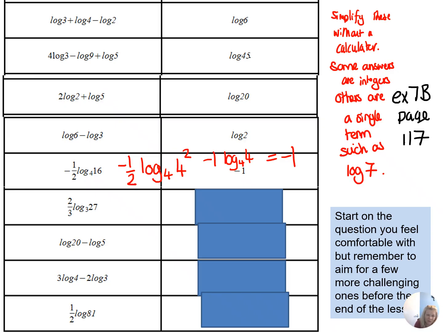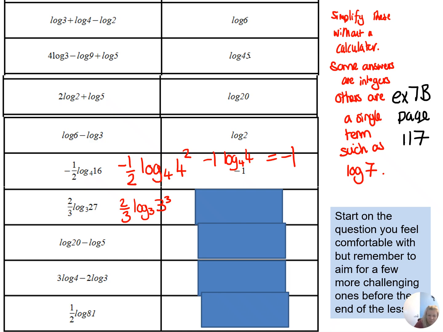And a bit similar with this one here. You've got log to the base 3, so I would be writing that's 2/3 log to the base 3. You've guessed it, 3 to the power 3. So you bring your 3 to the front. 3 times 2 is 6. 6 over 3 makes 2. Log 3 of 3 cancels out to be 1.